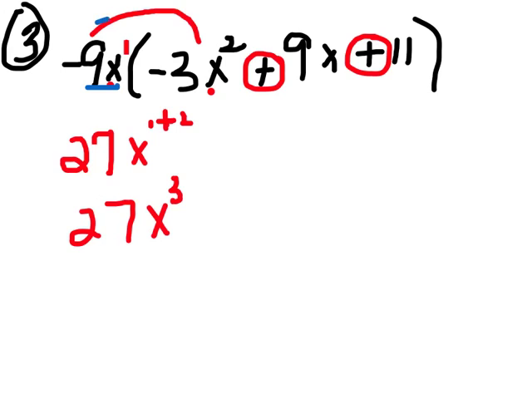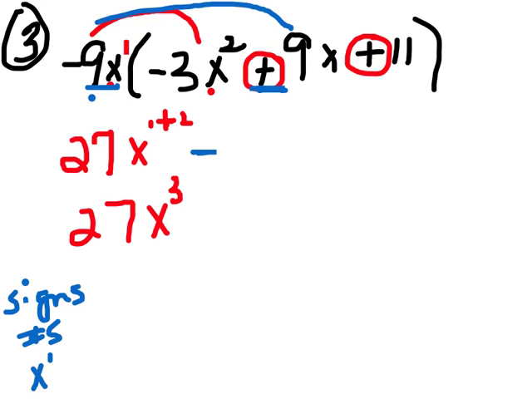Now I'm going to multiply negative 9x times 9x. And that's a positive 9x, isn't it? A negative times a positive is a... Two different signs make a negative, right? Okay. So I'm going to put a negative down. Now I'm going to do my numbers. I already did the signs, so I'm breaking it up into signs. Then I'm doing the numbers.